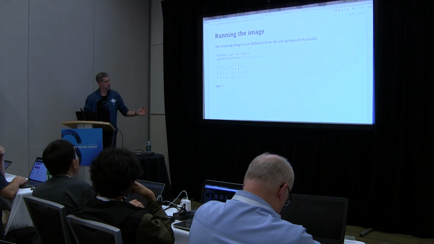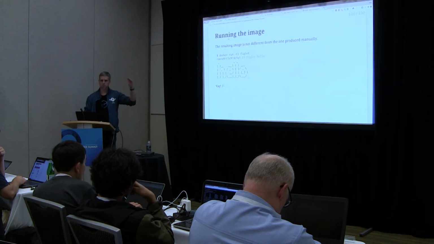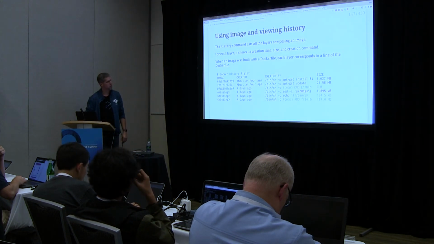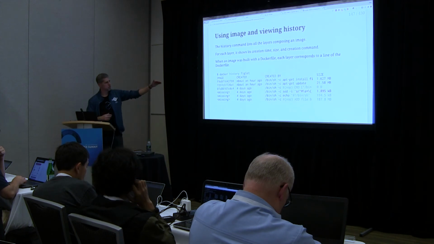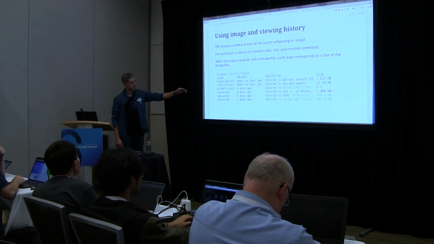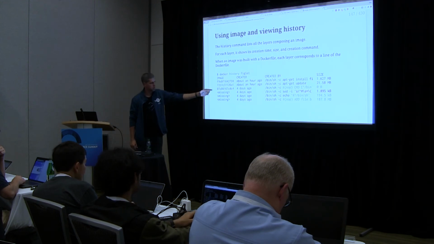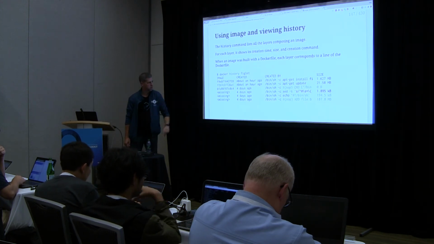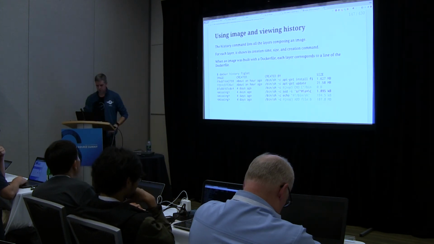So again, very simple: we just built a simple image, layered it on top of something that already existed, and added what we wanted. There's an interesting history command that will show you the history of the total image. There were parts that we had no part in, which is the building of the Ubuntu image that we started with, and then our commands are here, more recently in the history.